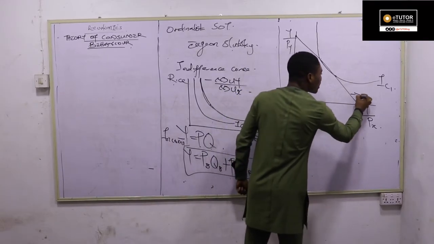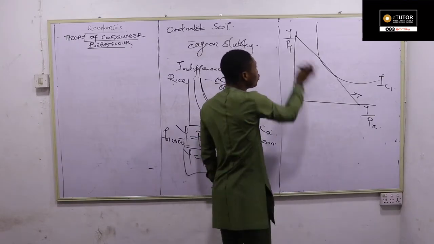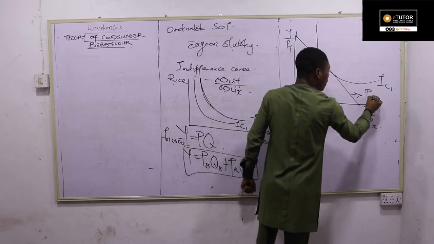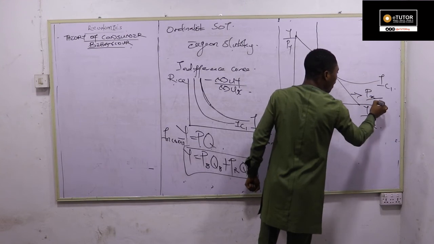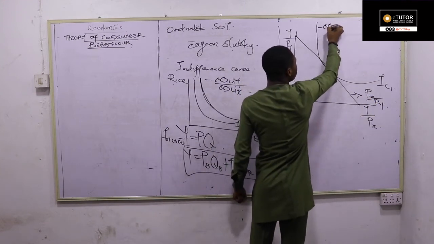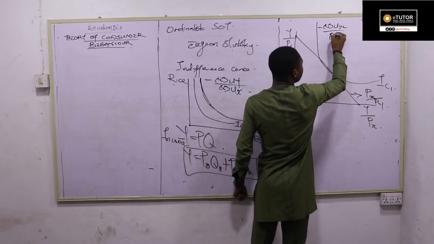Now, one thing about the budget line you should know is that it is measuring the ratio of the prices between the two commodities. That is, this is measuring price of X over price of what? Of Y. While this is measuring the marginal utility of X over the marginal utility of what?